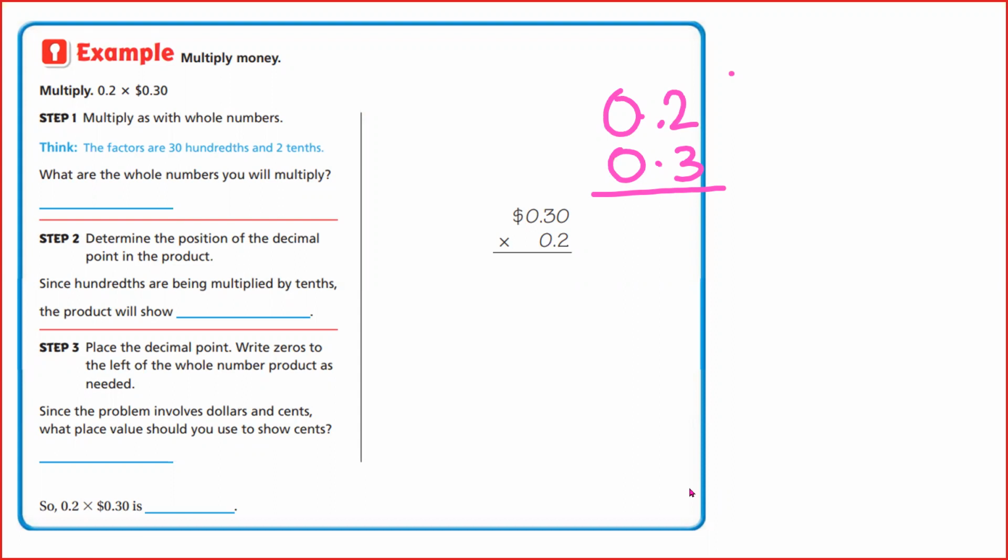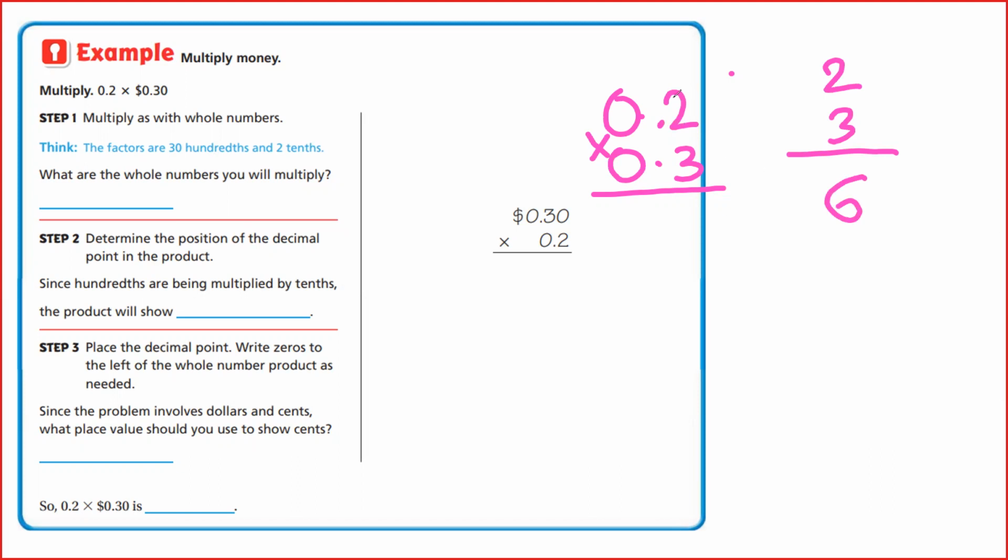Udian, what is the first step? Multiply as a whole number. So you multiply 2 times 3, which is 6. Then next, how many digits after the decimal?